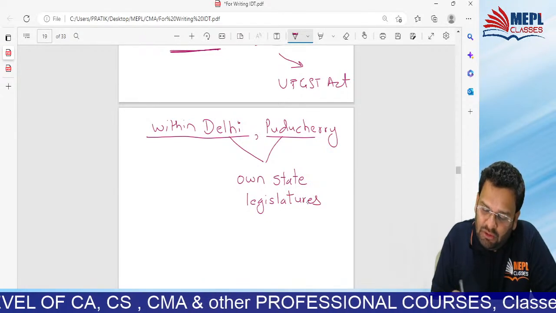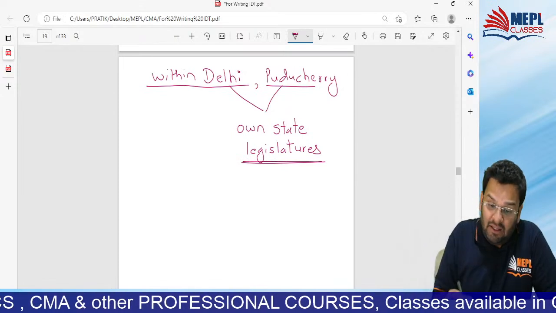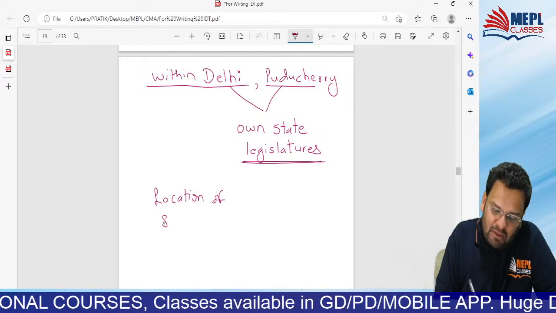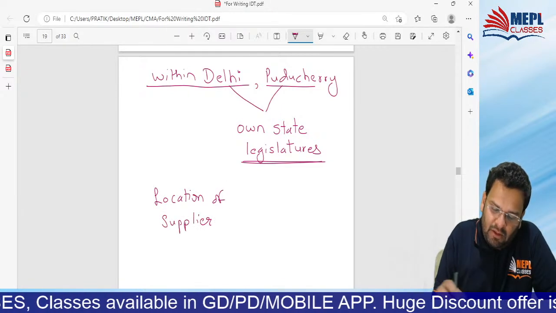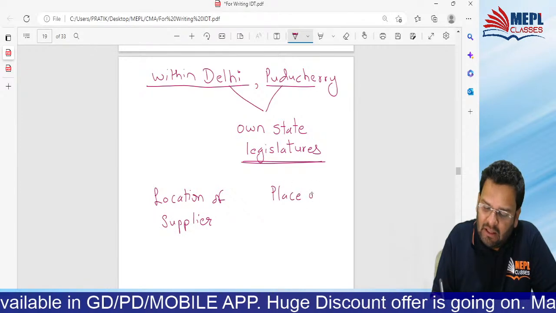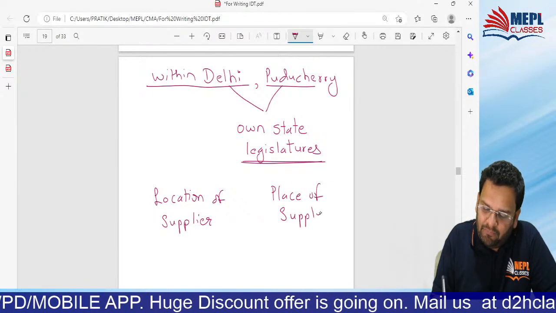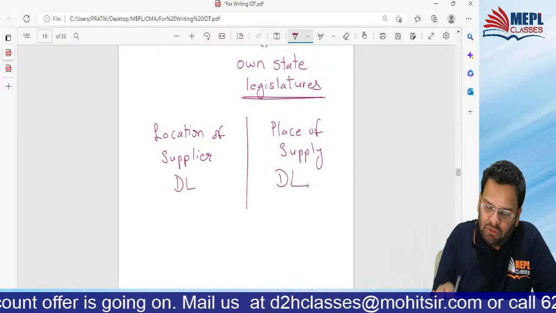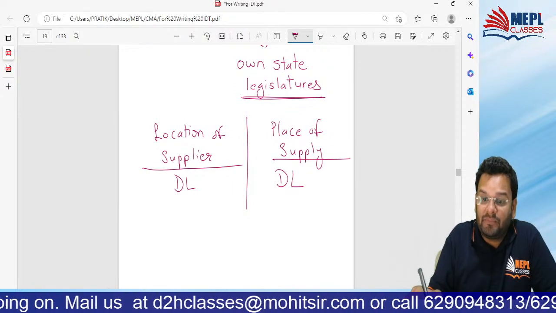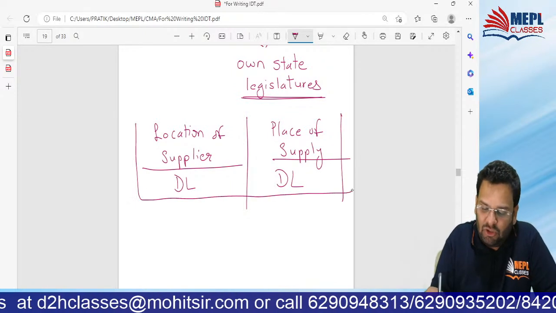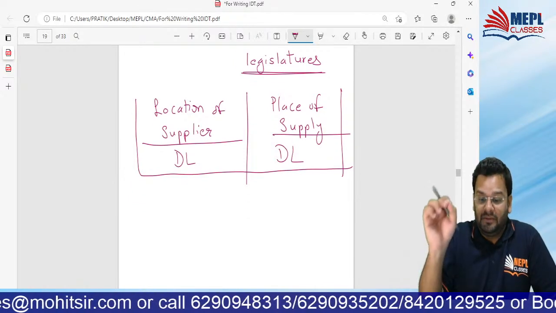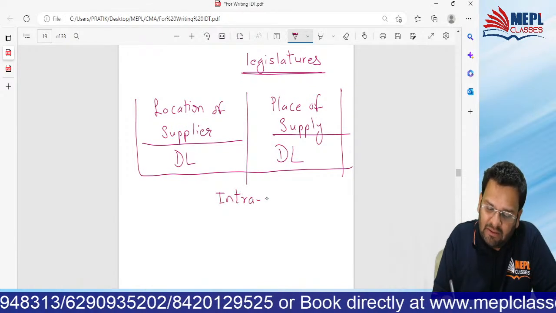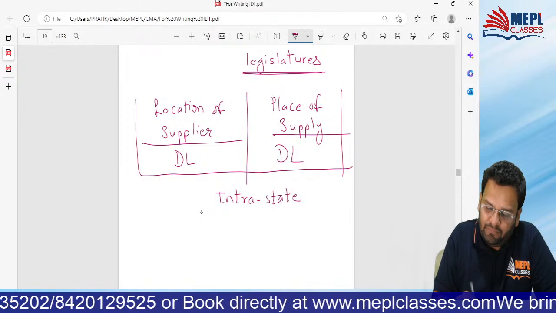Because they have their own state legislatures, even if the location of supplier and place of supply are both in Delhi, this is within the union territory of Delhi, but it will be called intrastate.